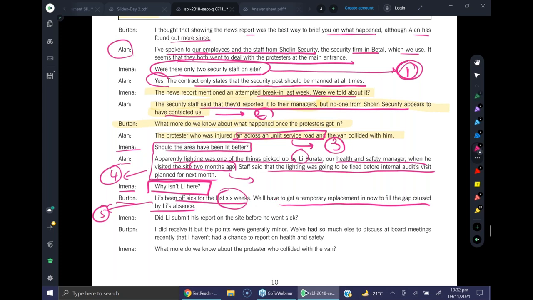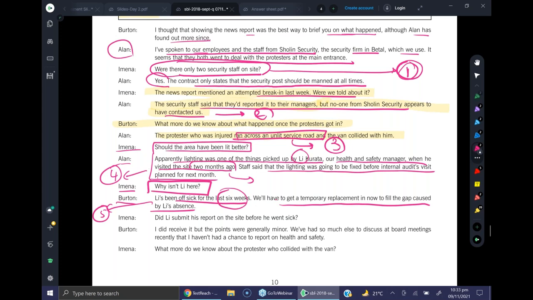The replacement needs to be quick because health and safety is one of the major concerns in construction companies. Timely replacement needs to be sorted out. Even if somebody is not sick and taking leaves, you should already have a backup plan, isn't it?